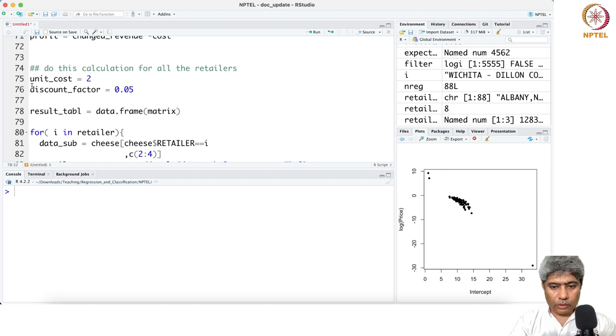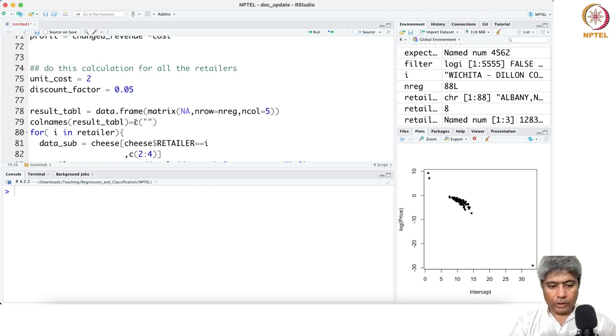matrix, n row equal to n reg and n col equal to 5. Okay, and col names equal to result table equal to c.